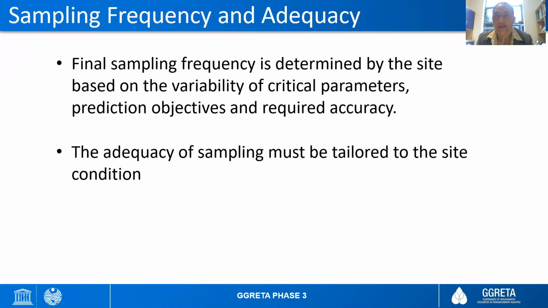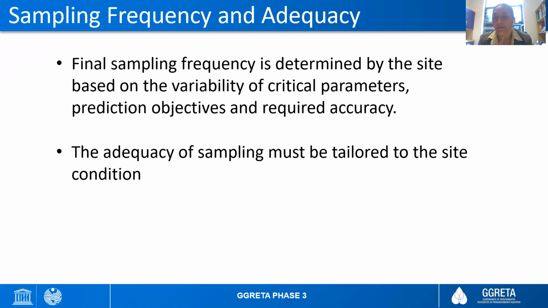Sampling frequency and adequacy. Your final sampling frequency is normally determined based on variability of your critical parameters, your prediction objective, and your required accuracy.